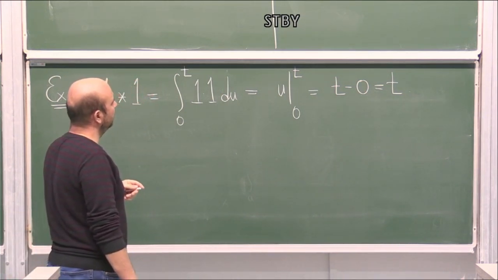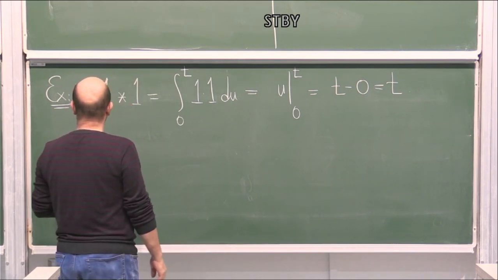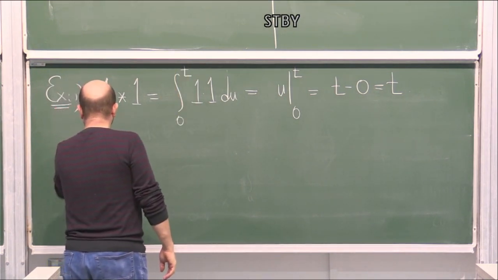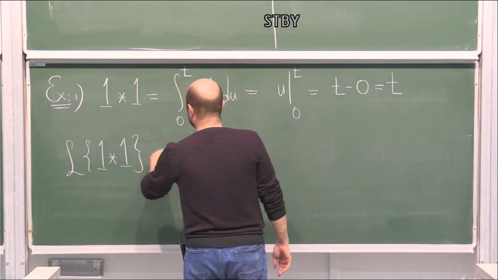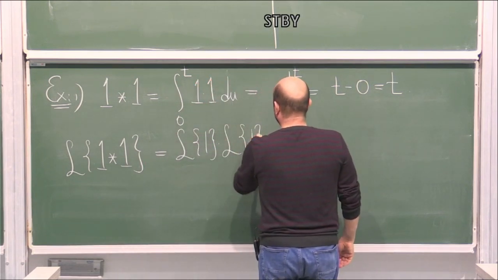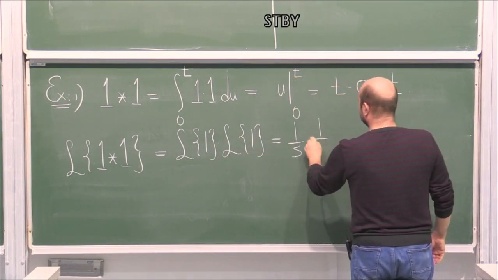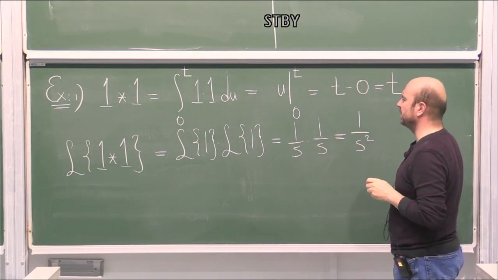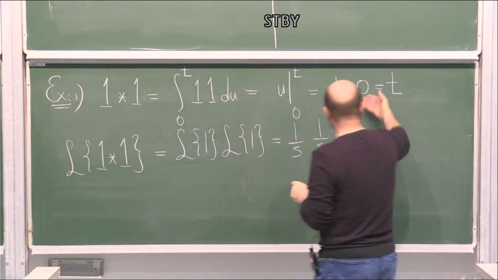Actually, we could do it in another way. Let's say that I want to find this. How could I do this? I can use the convolution theorem, which says that the Laplace of 1 star 1 is equal to Laplace of 1 times Laplace of 1. And I know the Laplace of 1 is 1 over s, and this is also 1 over s, so we get 1 over s squared. So whatever this thing is, its Laplace is equal to 1 over s squared.